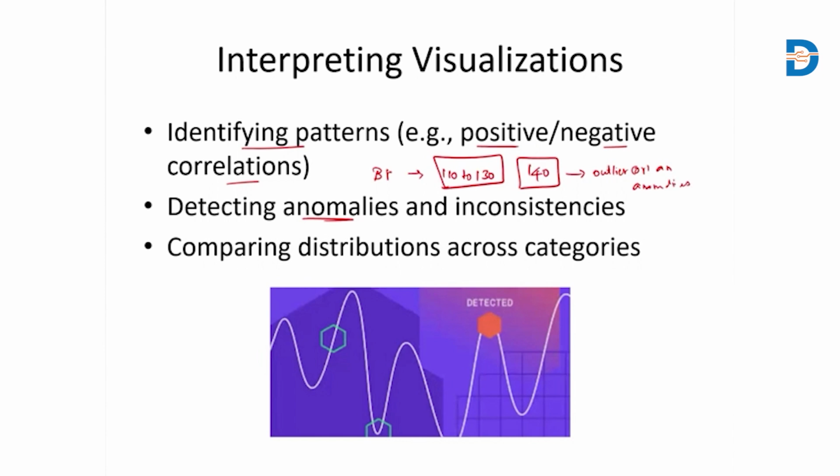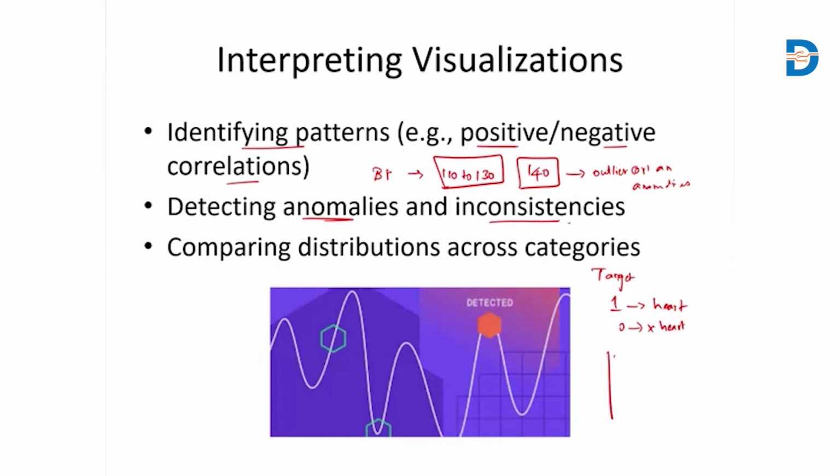So, detecting anomalies and inconsistencies. Then we'll be comparing the distributions across different categories, to see how far the values have changed. How about with respect to the target column? Let's say 1 implies that the person has heart disease and 0 implies that the person does not have heart disease.